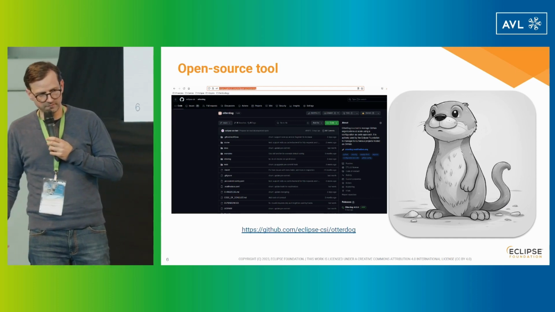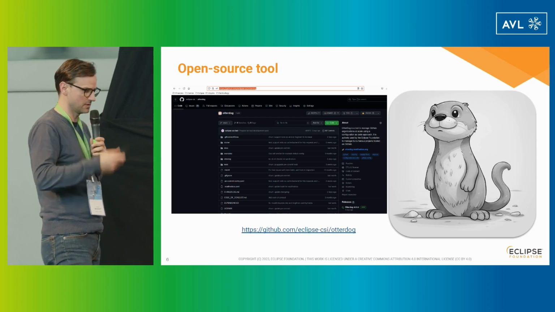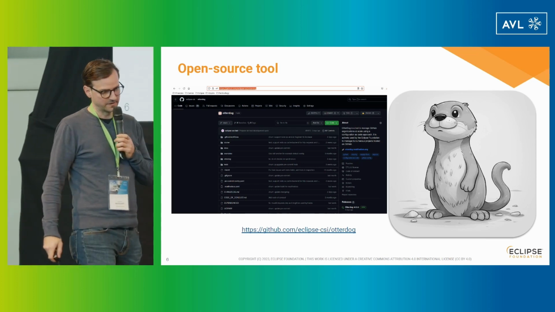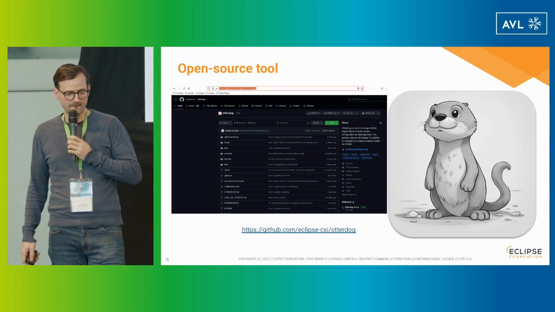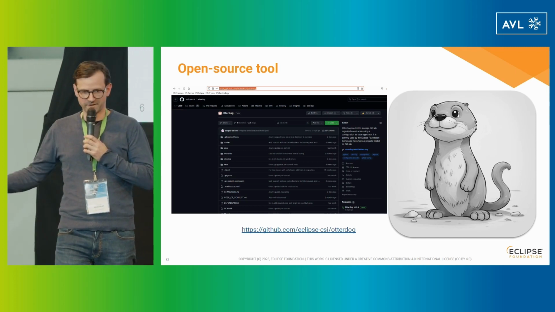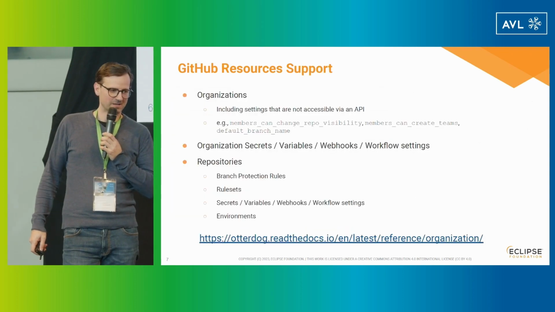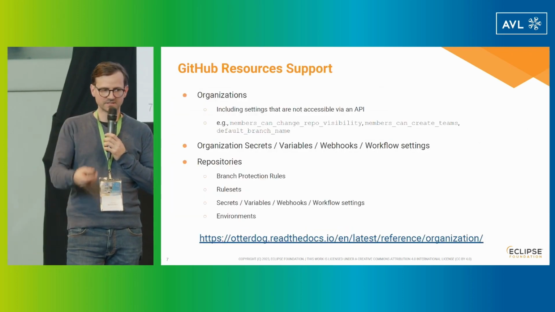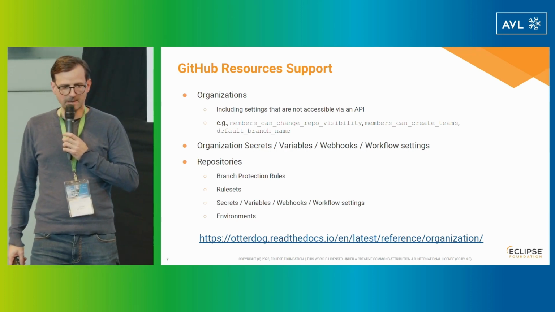The tool that we developed for that is of course open source. It's now also an official Eclipse project. You can find it in the Eclipse CSI organization. Everybody's welcome to contribute, as usual. This is basically an outline of the resources that we currently support.